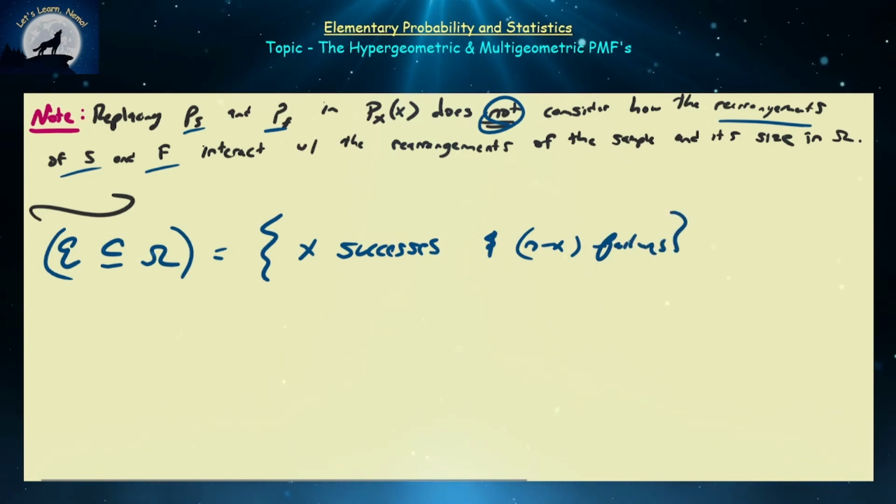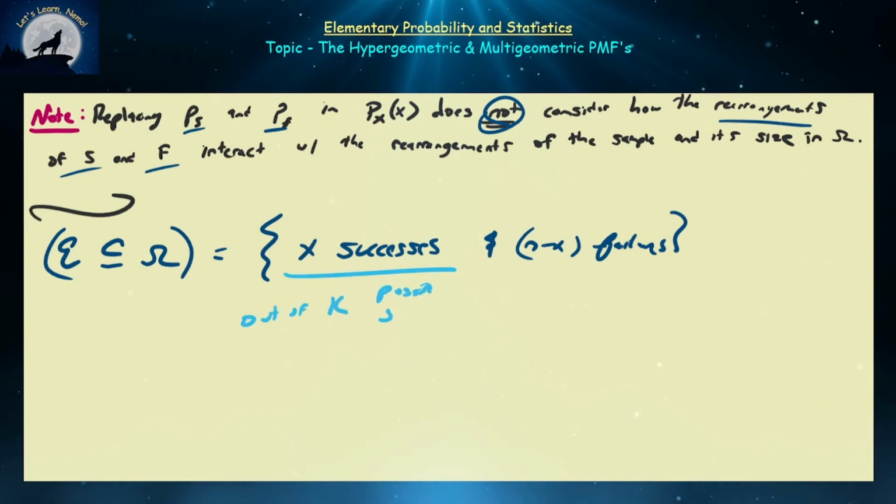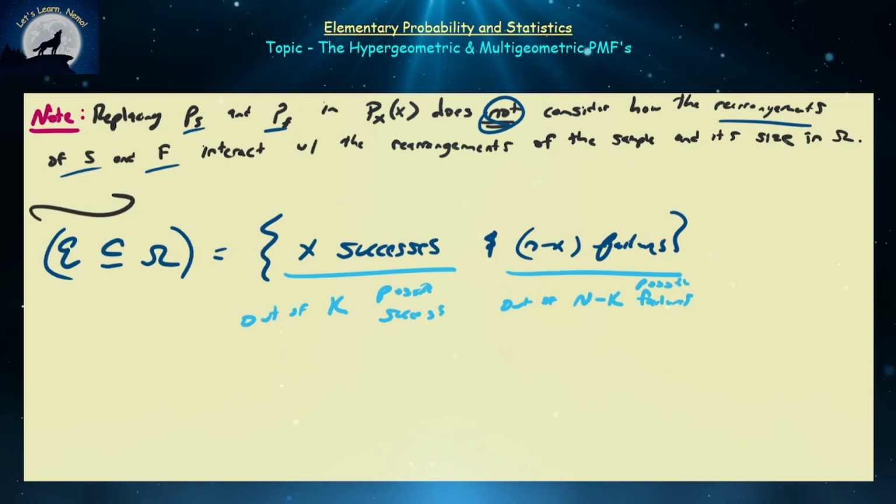That is x successes out of K possible successes, and the rearrangement of all of those. And the n minus x failures are out of capital N minus capital K possible failures. Keep in mind that these particular objects are going to be independent events once partitioned.